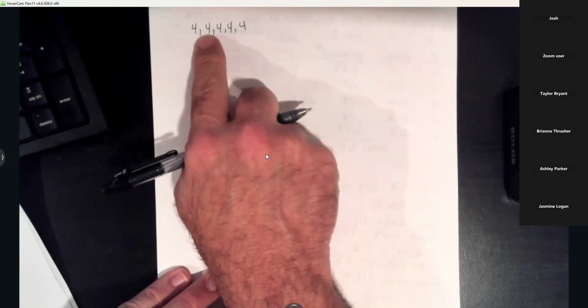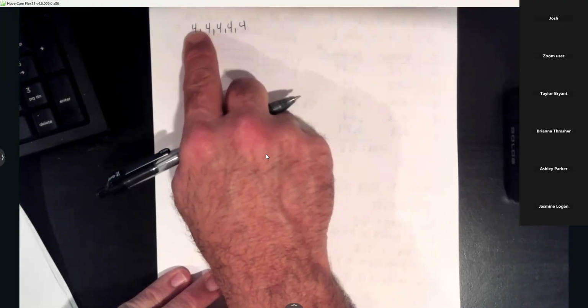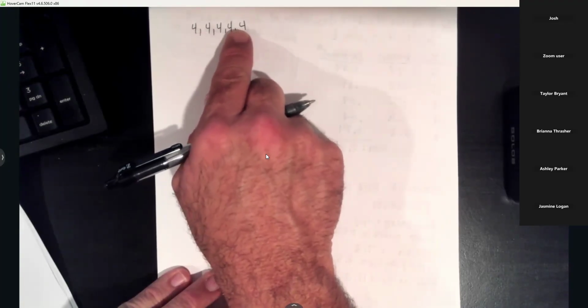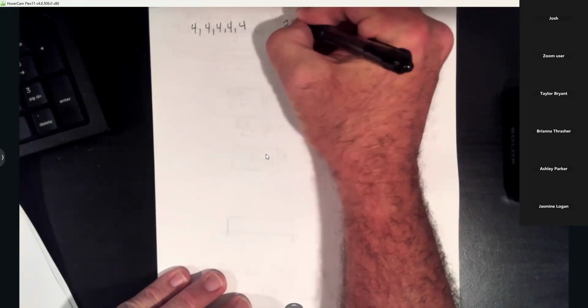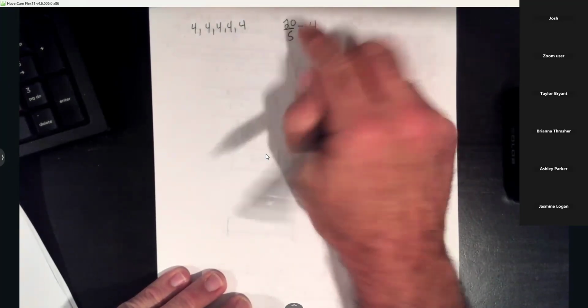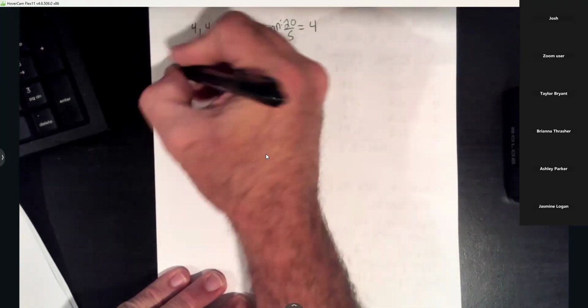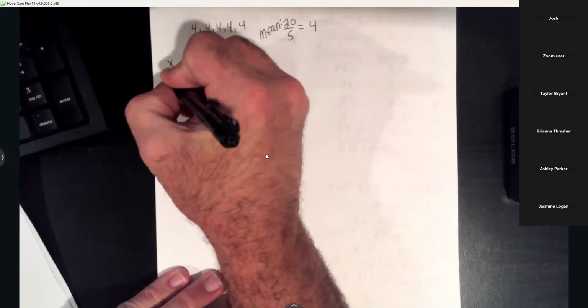So let's see what would happen if all your data points were 4. When you added that together, 4, 8, 12, 16, 20, you would get 20 divided by 5, which means our mean would be 4. So here's your points.